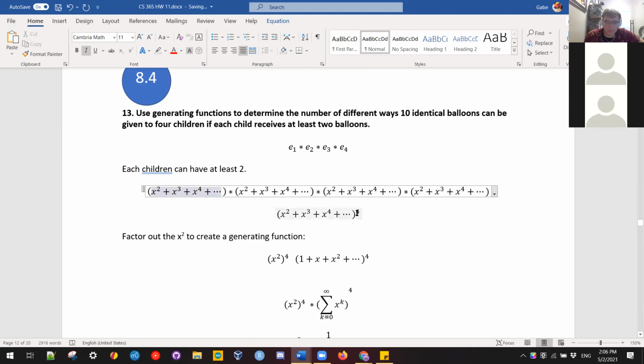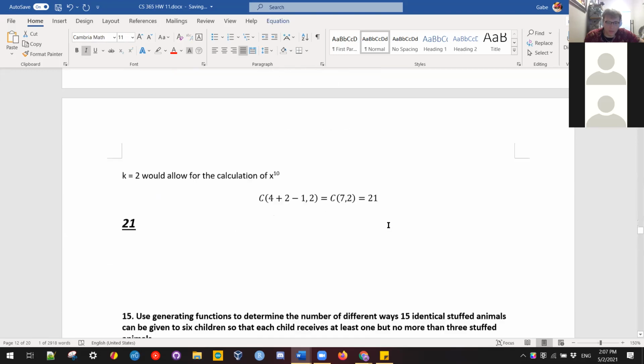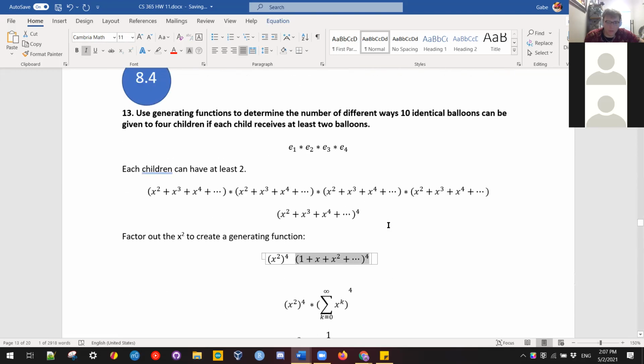And so you keep going, and you have 4 kids, and then you combine them, and so you get that to the 4. And so you could factor out an x squared to get this. This is what you're looking for in every single equation like this. If you see generating functions, you want to get it to something like this, or something in a table where you could find it.